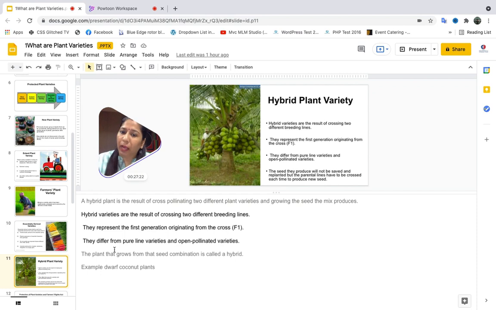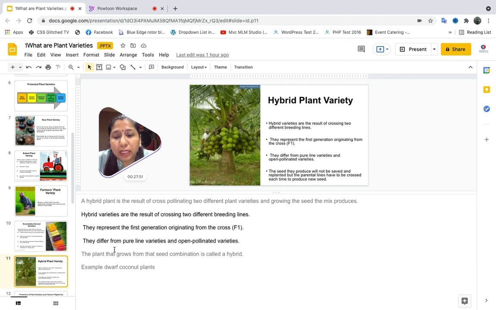Now the catch with a hybrid variety is that you cannot save the seeds of a hybrid variety. You have to make a cross of the parental lines every single time you want to grow them. So they differ from pure line varieties. However, if we talk about performance in the field, they are unexpectedly performing well in the field. So these are called hybrid plant varieties.